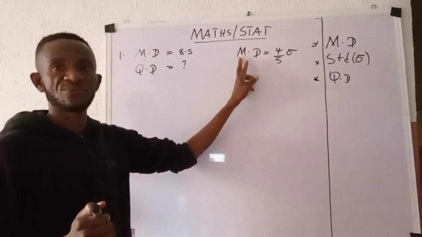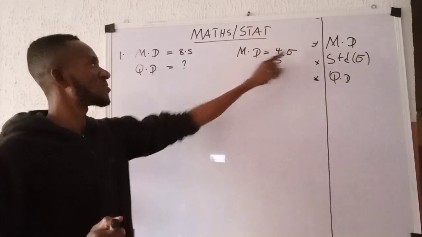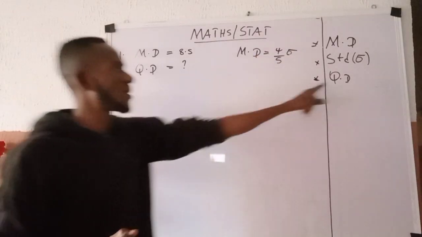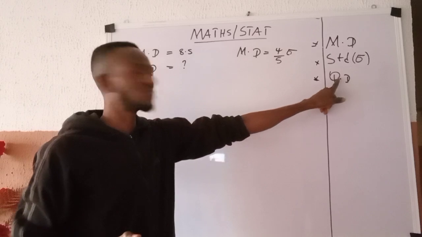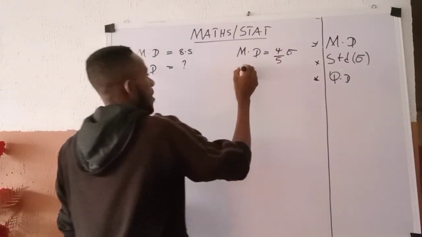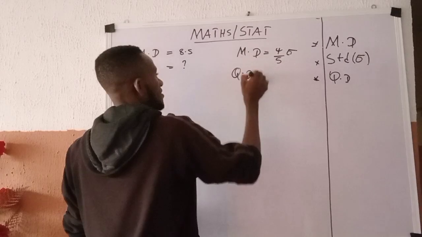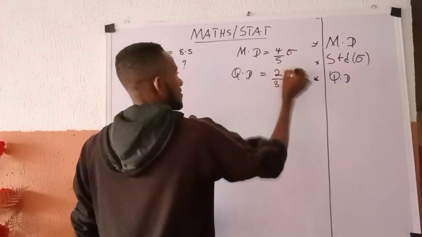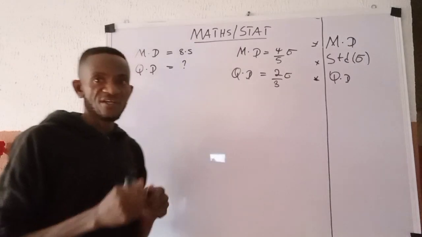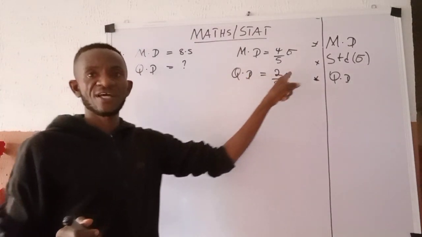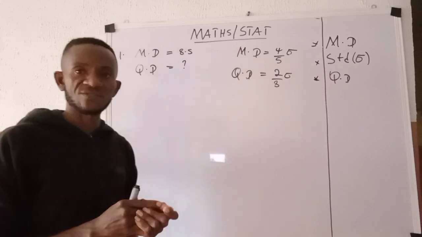This is a relationship of the mean deviation to standard deviation. Equally, it has been stated that the quartile deviation, Q.D., is given as 2 over 3 sigma. This is equally a relationship between the quartile deviation and the standard deviation.